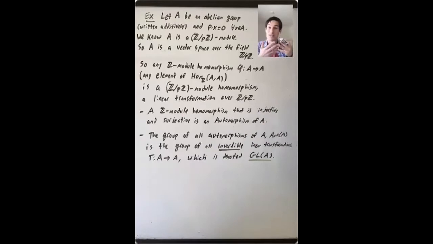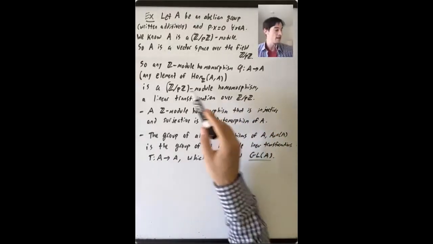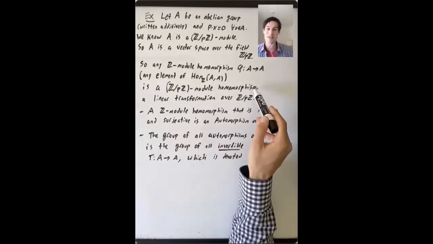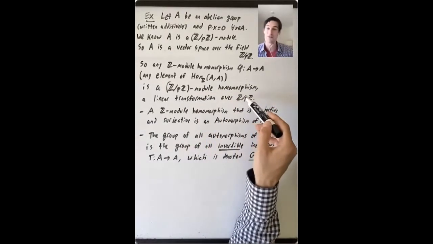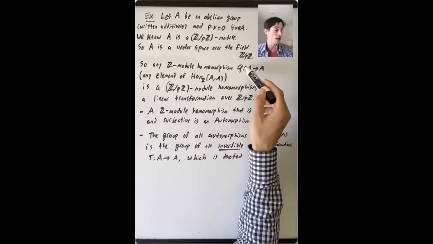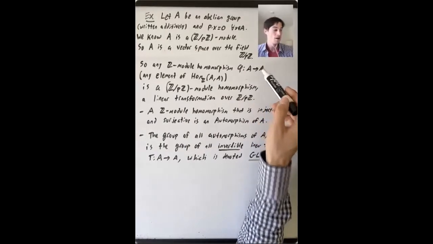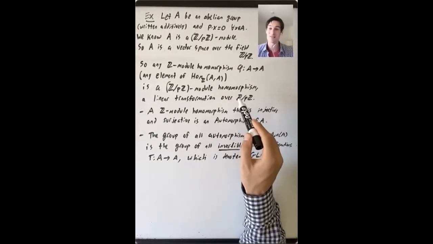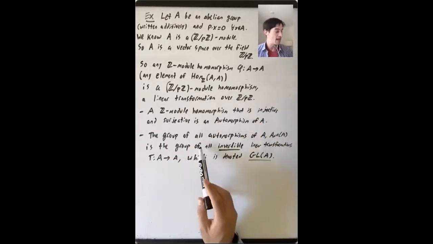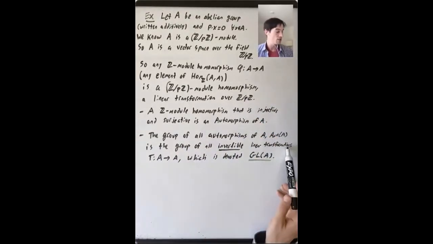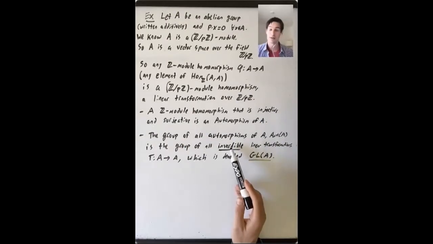So you can check that those two conditions are equivalent. So what is the set of these Z mod PZ module homomorphisms, these linear transformations from A to itself that correspond to the automorphisms? Well, they're exactly the ones that are injective and surjective. Those are exactly the linear transformations that are invertible.